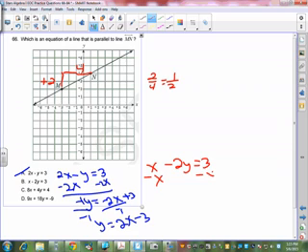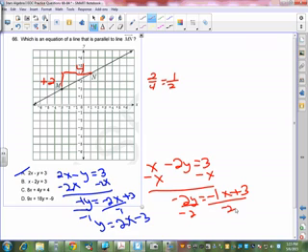Subtract our x. We have negative 2y is equal to negative 1x plus 3. Divide both sides by negative 2. We have y equal to positive 1/2 x minus 3/2. This one does have a slope of positive 1/2, but the y-intercept is negative 3/2, so that is not going to be our answer.